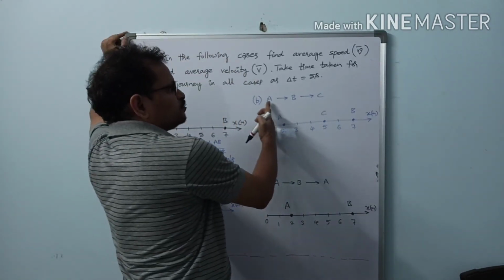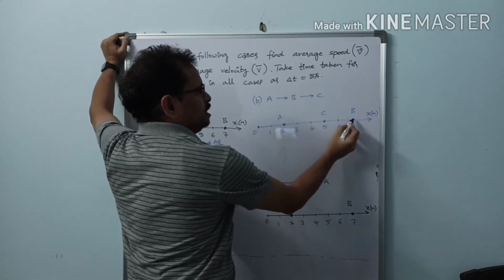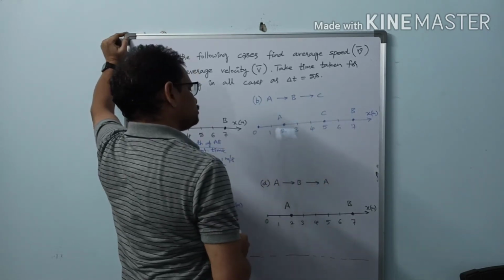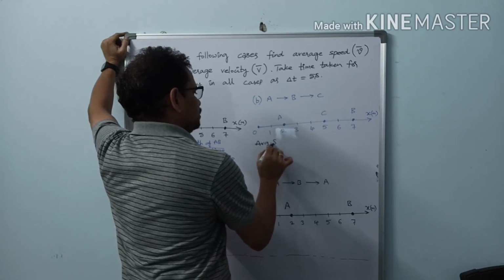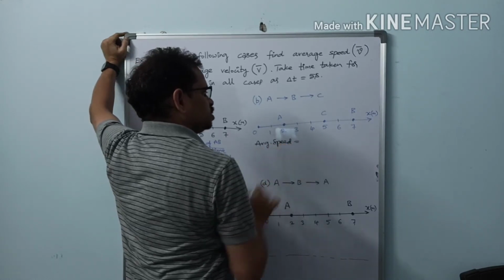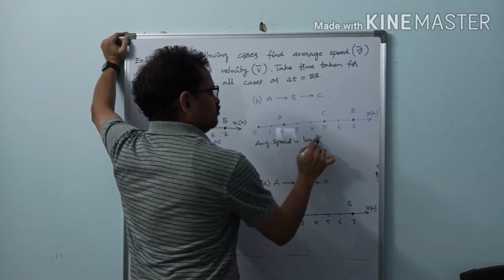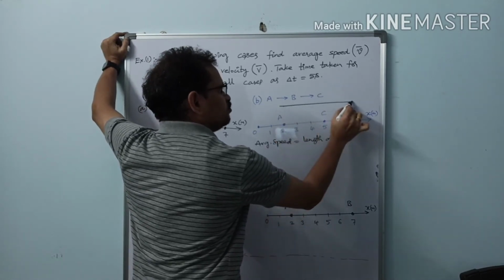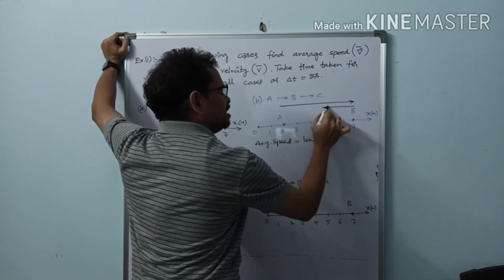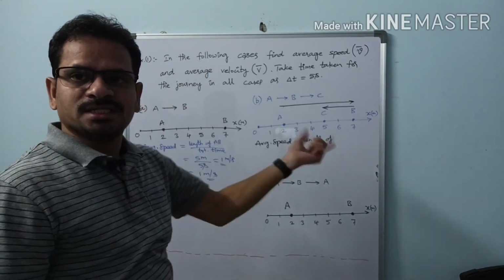Now, what about this one? A particle moves from A to B, then B to C. See, A to B, then B to C. So in this case, what is average speed? Average speed equal to total distance by total time.